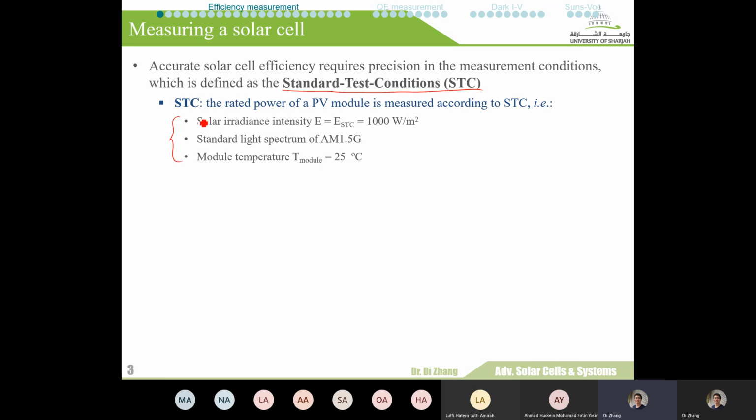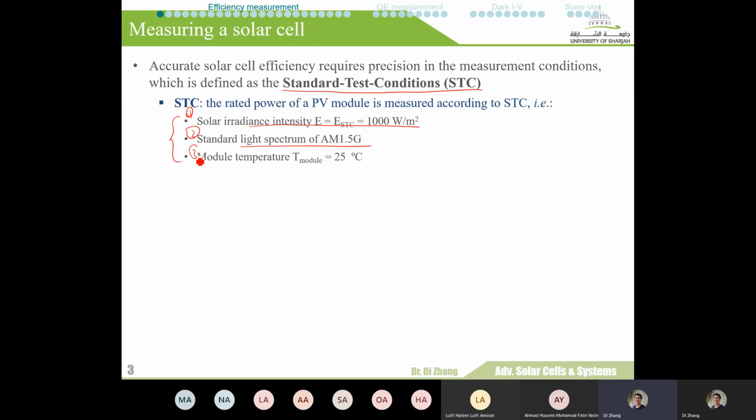Requirement number 1 is that the overall irradiance intensity should be 1,000 watt per square meter. I'm sure that this is the most familiar to all of you. The second requirement is that the light spectrum, the spectrum from the light source, should follow AM 1.5G, which stands for AM 1.5 global spectrum.